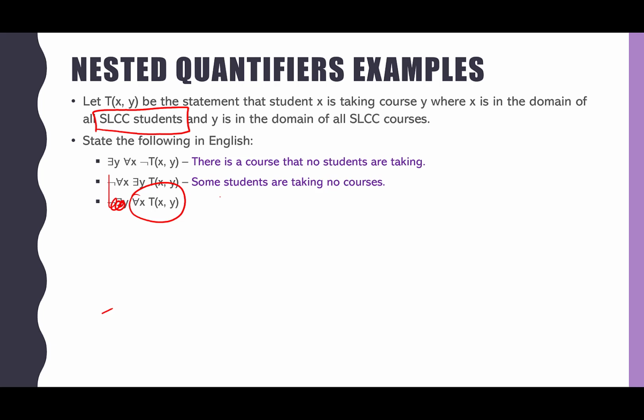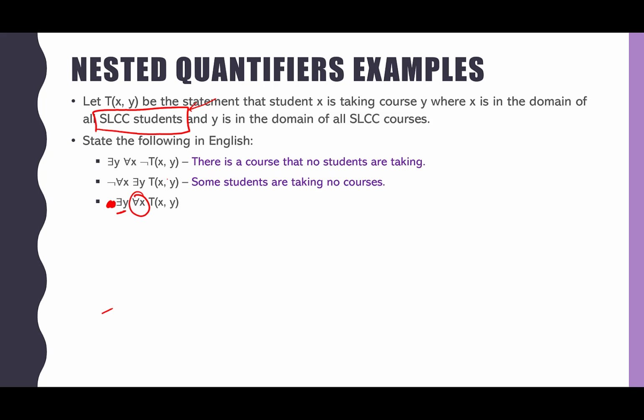So we're agreeing that this statement is saying for all students, and I've got the domain squared off here, all those students, Bob, Joe, Bill, everybody has taken course Y. I don't know what course Y is, but they've taken it. Now, ignoring the negation, there is some course such that all students are taking it.